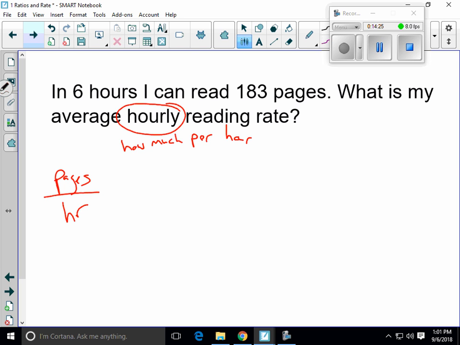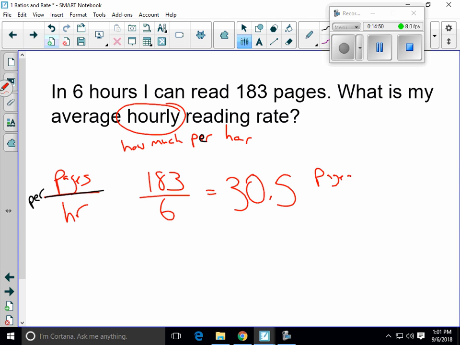This per is your division bar here. Pages per hour. So 183 pages divided by 6 hours. 183 divided by 6, and you can read 30.5, 30 and a half pages in 1 hour.